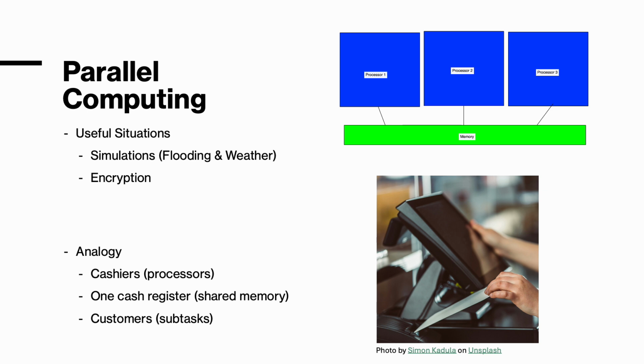And what helped me understand parallel computing is thinking of it as a grocery store, where the checkout lanes and cashiers are the processors. But in this instance, they would all share one pot of money. They would each be processing their subtasks, which would be the customers, and they would be going to and from the money, needing to communicate about which cashier has what money that can be added to the pot, or how much money they need.